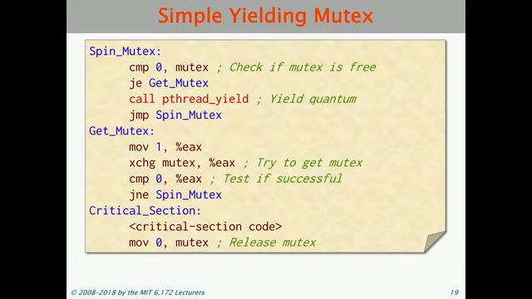Yeah, exactly. Okay, so instead of doing that pause instruction, which the documentation on this is not very clear, I'd love to have the inside scoop on why they really had to do the pause there.